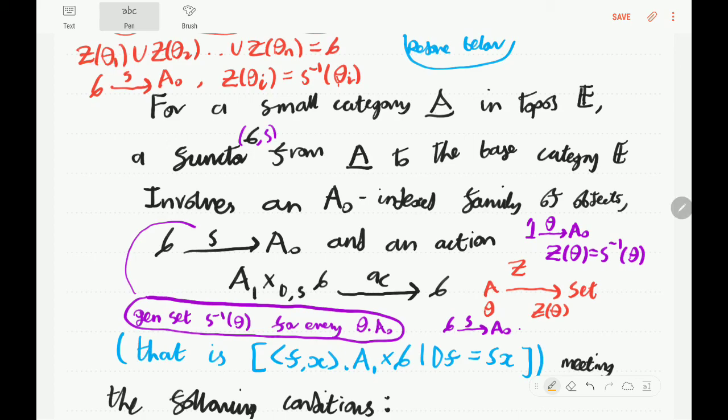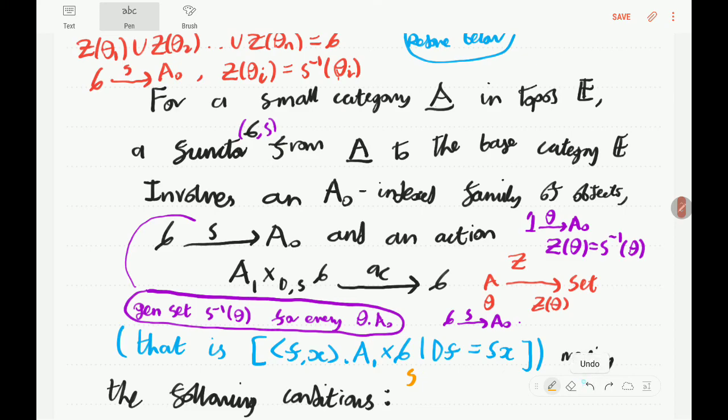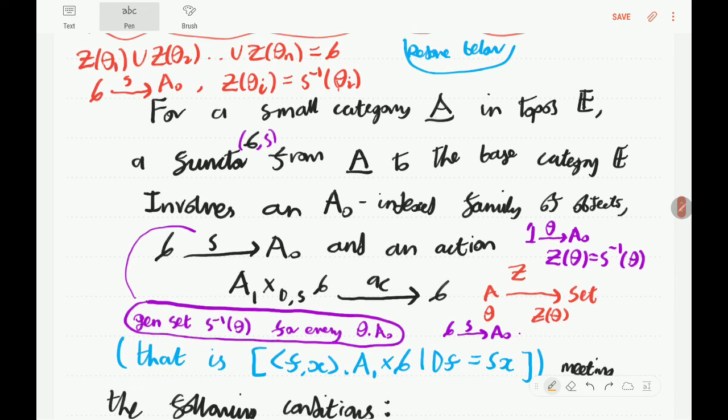If we're dealing in set theory, would it belong to one of the sets that came from doing Z on theta 1 or from Z on theta 2 or whatever? Well, the answer to that is S of x.